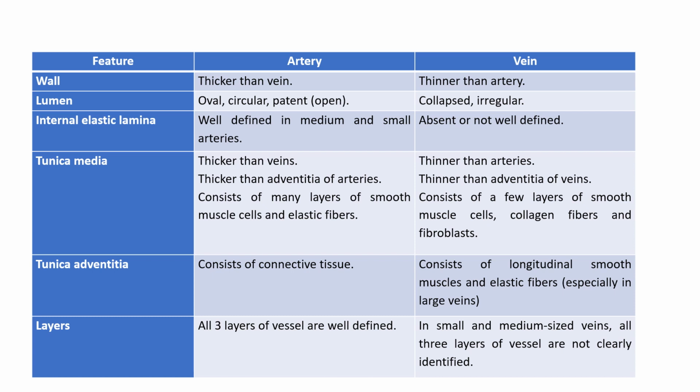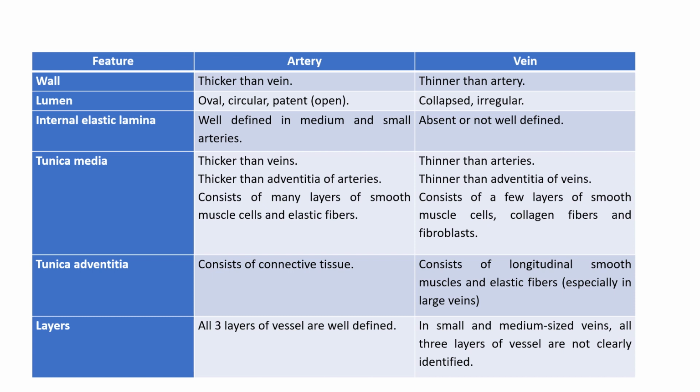and fibroblasts. Then the tunica adventitia in arteries is the thinnest and strongest layer, and it has connective tissue and collagen fibers. In veins, especially the large veins, the tunica adventitia has longitudinally arranged smooth muscles and few elastic fibers, and more collagen fibers. And the tunica adventitia is the thickest layer in veins.